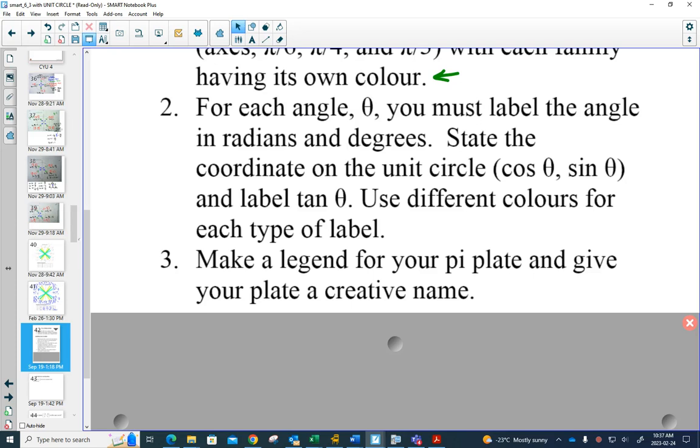And sometimes the name has nothing to do with it, it just has to do with what they have. There's one here that, what? They like purple. This one's called the purple pie plate. So it's purple.